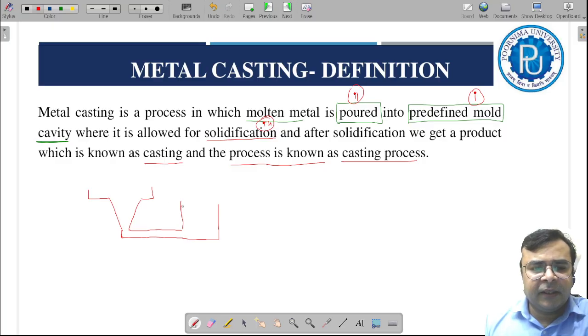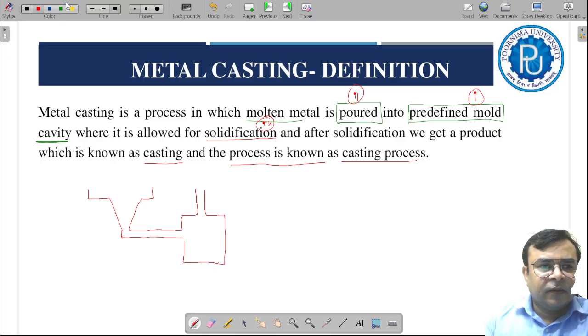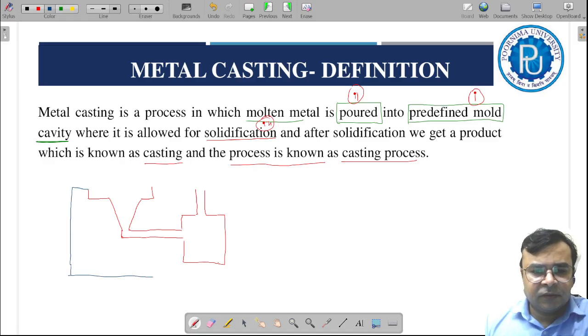It is not necessary to make the mold cavity in one half. I will tell you in detail in later lectures. So this is an outline of the metal casting process.